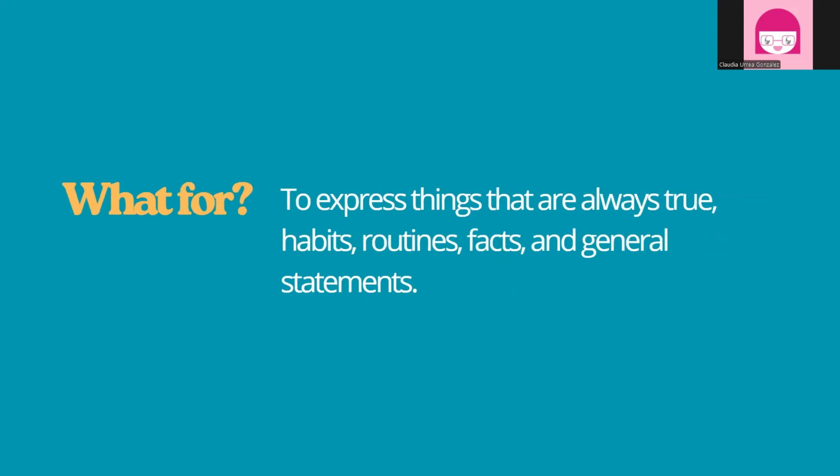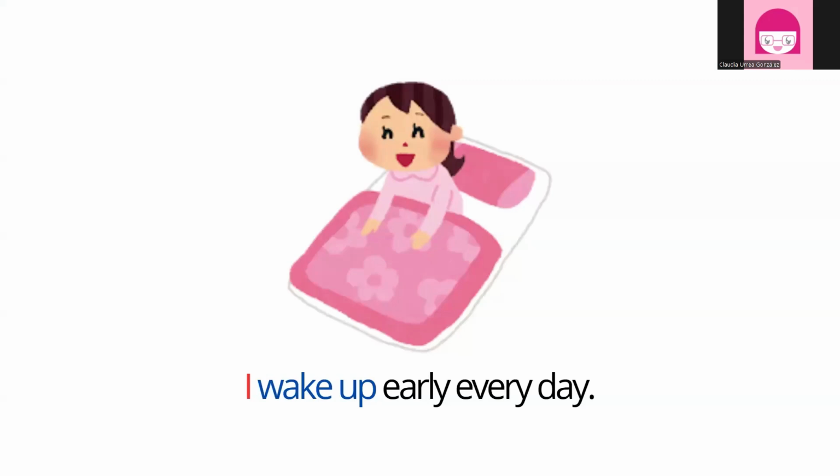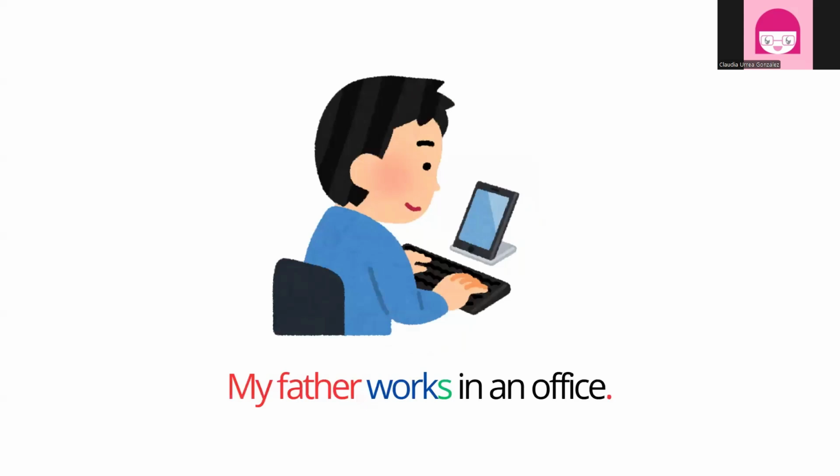But teacher, what for? Okay, to express things that are always true: habits, routines, facts, and general statements. So, what kind of statements? Let's see some examples. For example, I wake up early every day. And this is true, and this is part of my routine, okay? Then, my father works in an office, not at home, not in a park, in an office.